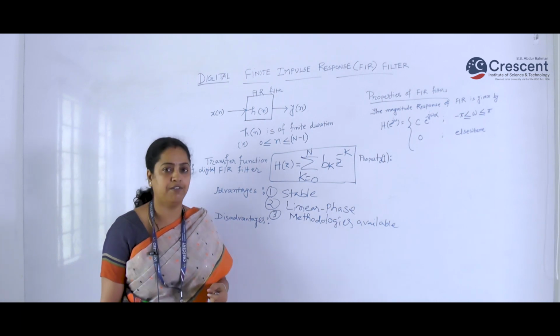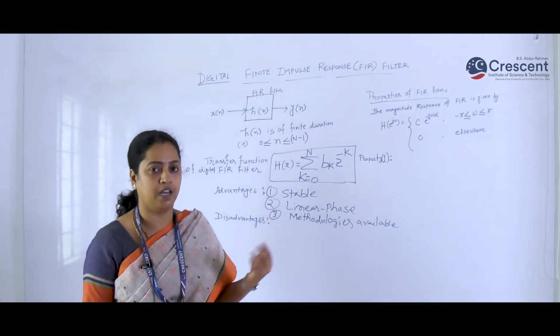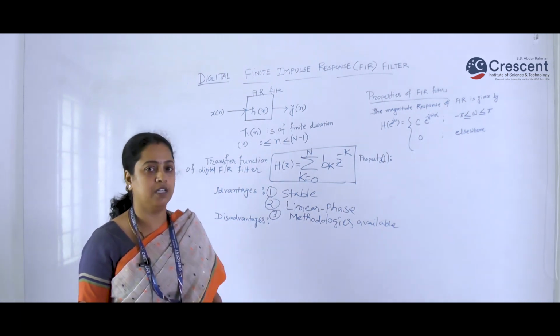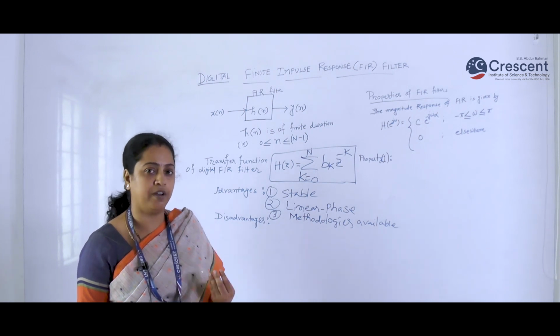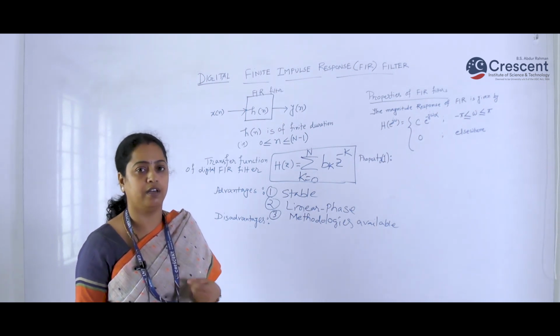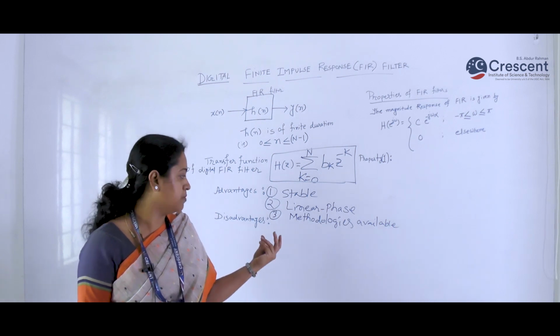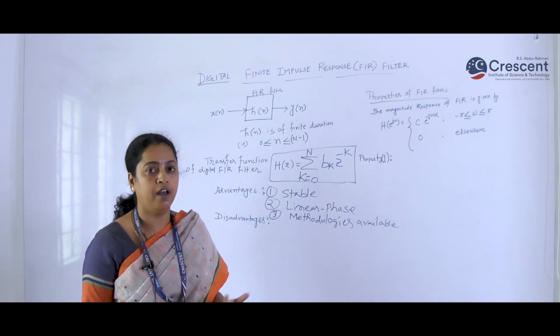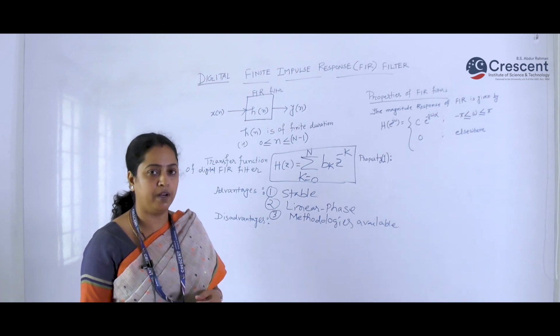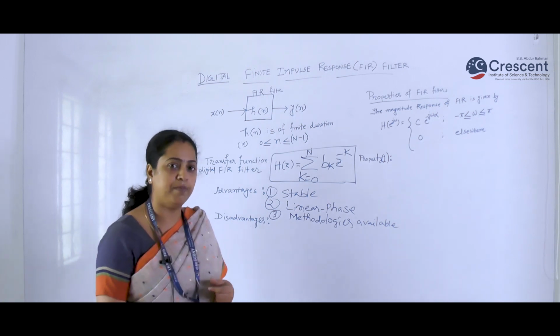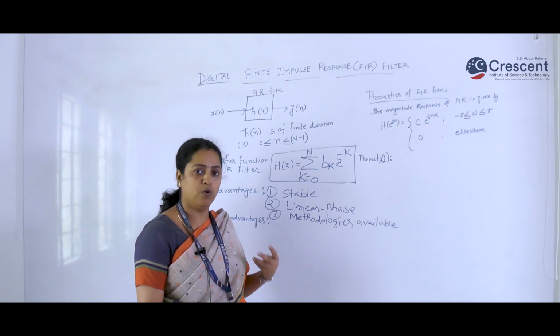Now coming to the disadvantages: the computation in an FIR filter is more. Compared to an IIR filter, we need to do a lot of computation, but those computations are easy. In terms of time required it is more, the memory requirement is more, and to implement the filter we need more components.